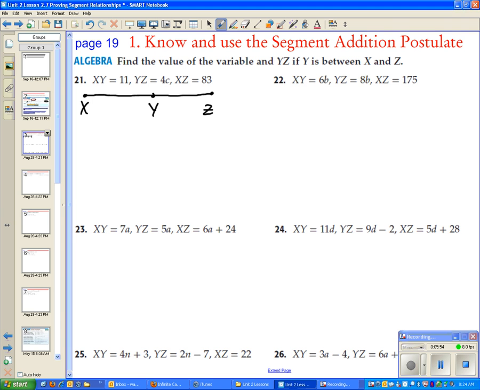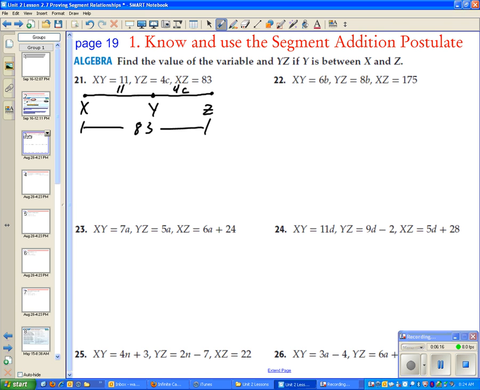We put Y somewhere in between. And then we label what they give us. And this is part of your assignment, even though I didn't have it written on the assignment list. The length of XY is 11. The length of YZ is 4c. And the length of XZ is 83.